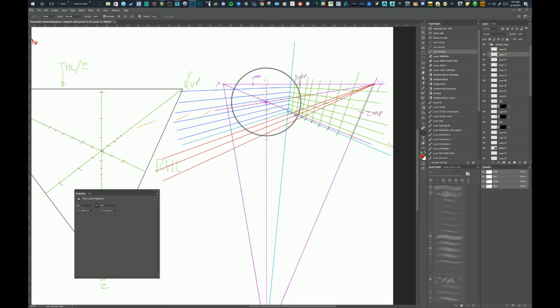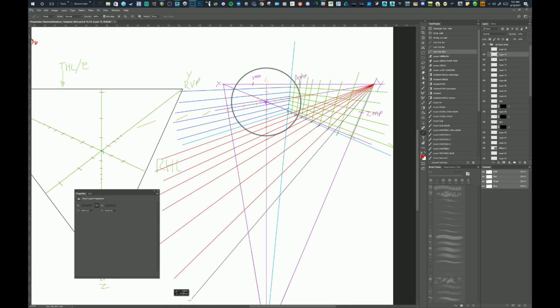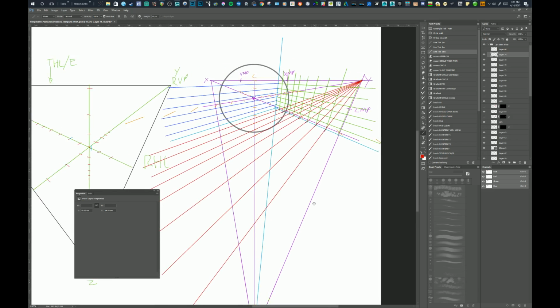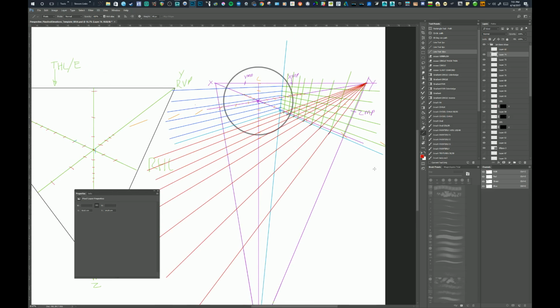I'm meeting it where the mark meets the blue line down there. So at this point, there should be no problems as to what is actually happening here.